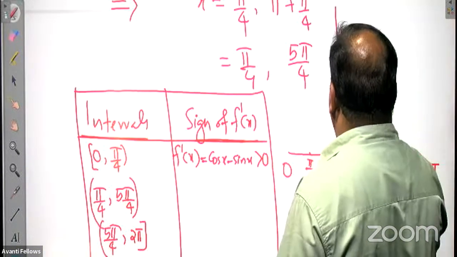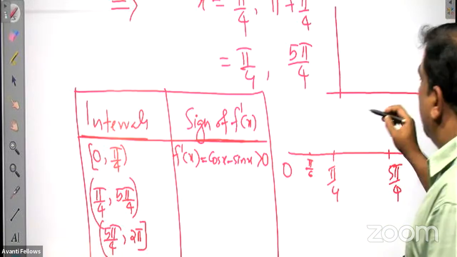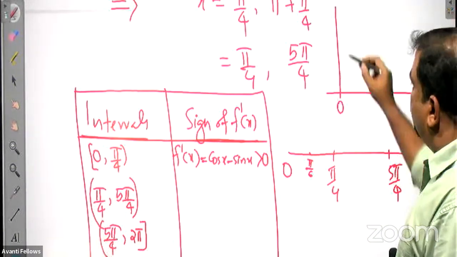If you remember the graph of sine and cos, you know cos 0 is 1.